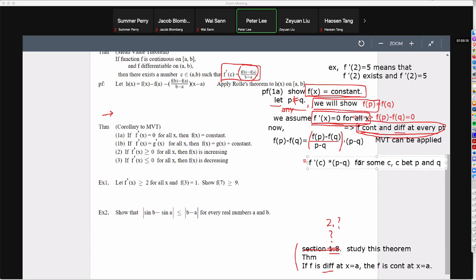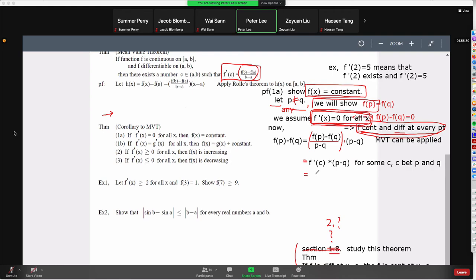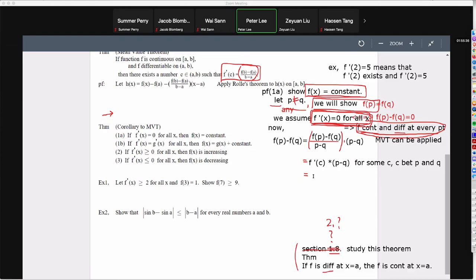But if you look at this theorem here, what is the assumption? The assumption is that f prime of x equals 0 for all x. Doesn't matter where the x is. So therefore, we conclude that this is actually equal to 0. And then 0 times something is equal to 0 times p minus q.